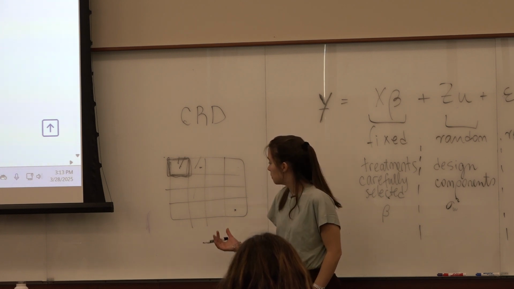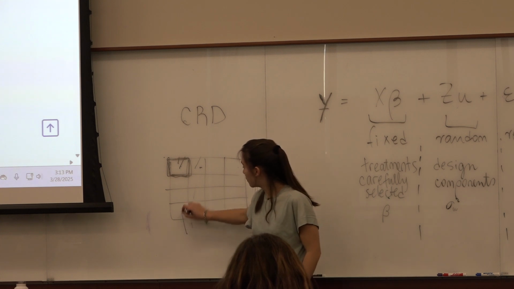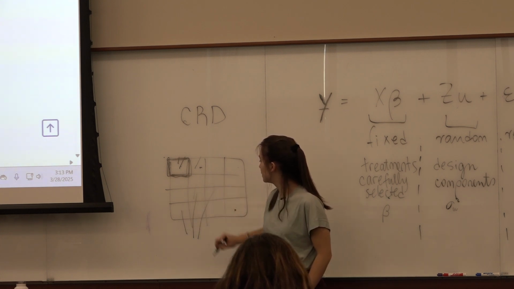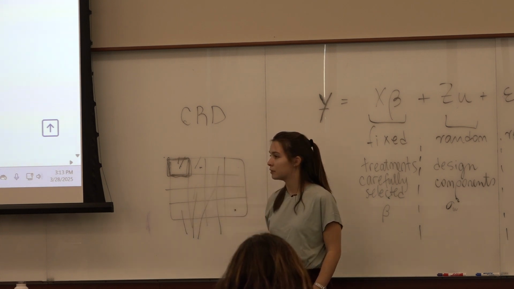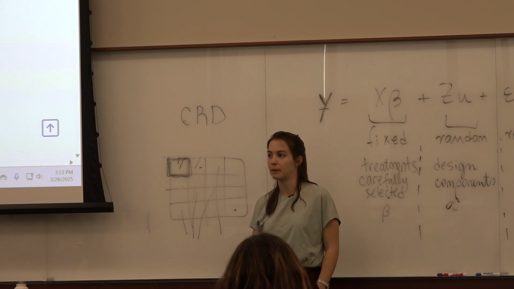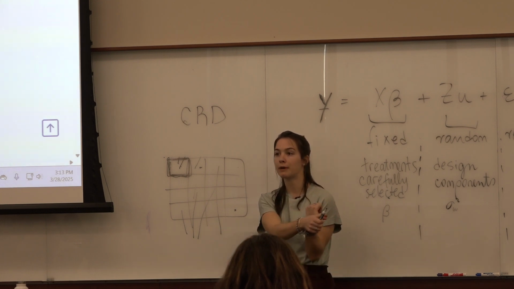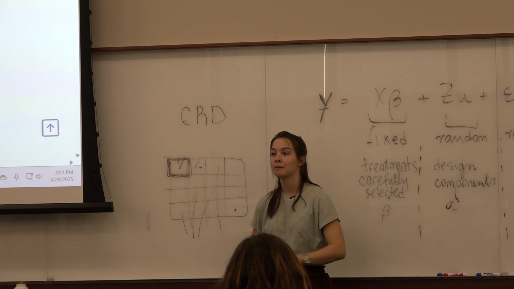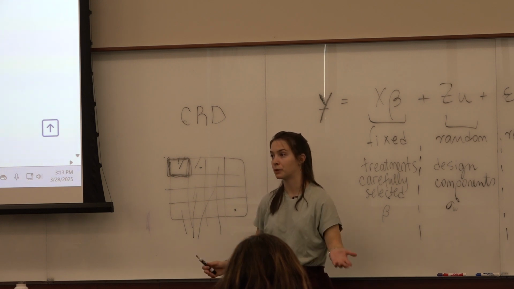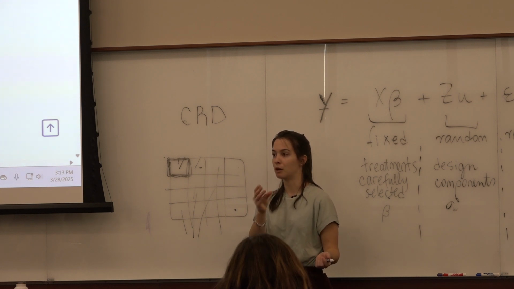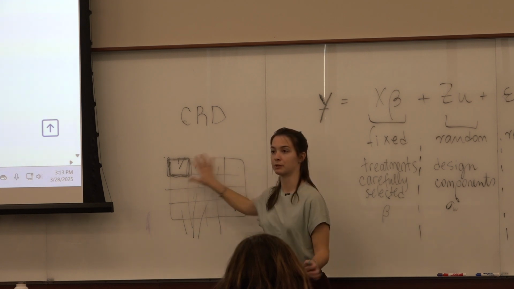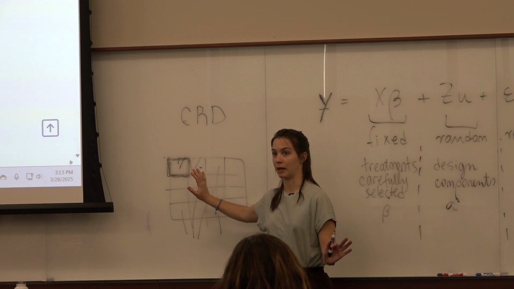And so what we do, we go and we apply the treatments randomly. The treatment structure doesn't matter. It could be just one treatment factor, or it could be a factorial treatment structure. Doesn't matter. We're going to combine them all and apply the different treatments to a field. Okay?